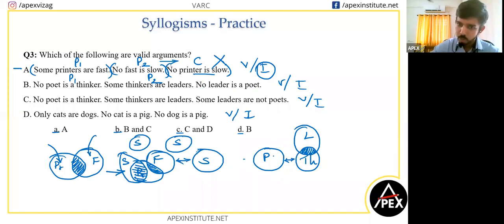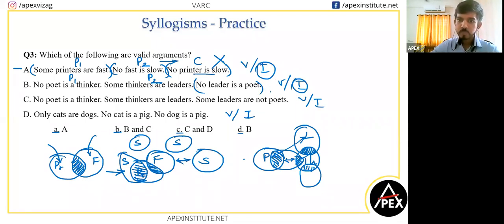No, because we don't know the relationship between poet and leader. Leader can be here as we have drawn. Leader can be here, in which case no poet is a leader. But leader can also be here, in which case some poets will be leaders. So this is possible. So this is also an invalid statement. We can't guarantee that this will be true.